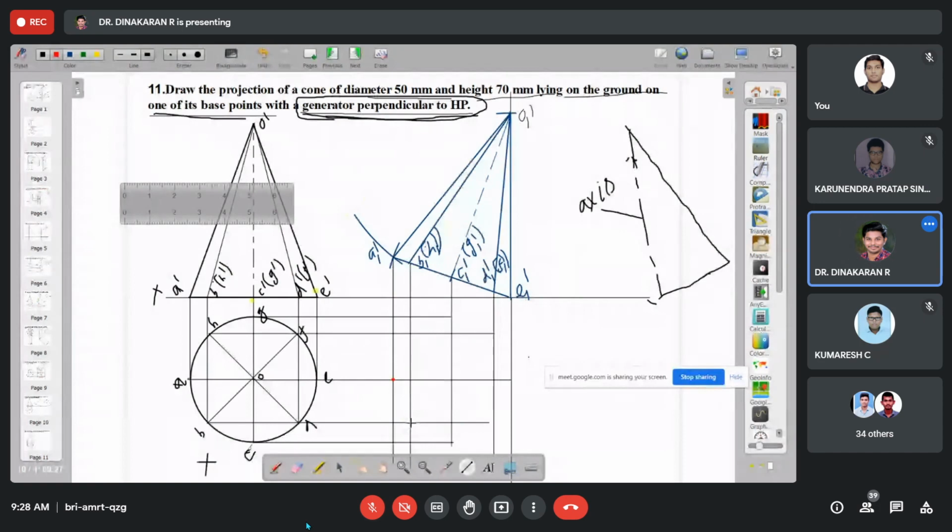B1 dash and B, C1 dash and C, D1 dash and D, E1 dash and E, F1 dash and F, G1 dash and G, H1 dash and H. We mark the points correctly. Yes, sir. So next I'll place the naming A1, B1, C1, D1.